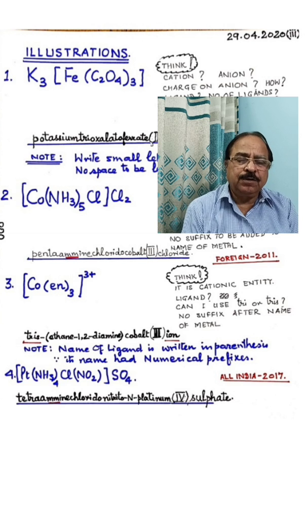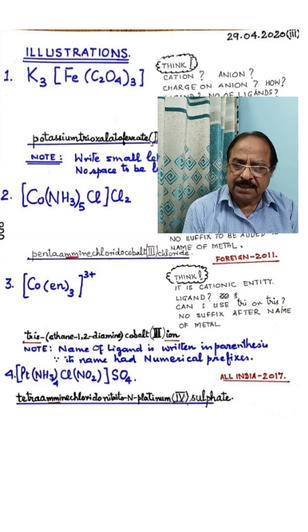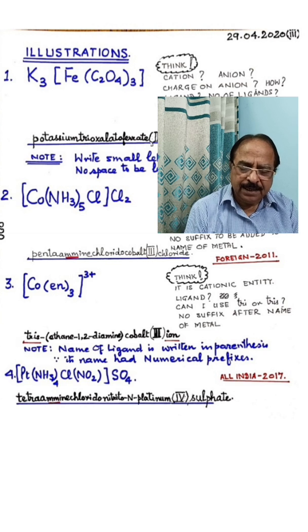That's why the total charge on the cationic entity is +4 -2, and it is +2. So the charge on the cationic entity is +2. So let us name them. We have to write the names of the ligands in alphabetical order, then the metal atom, then its oxidation state, and lastly we will name the anion.